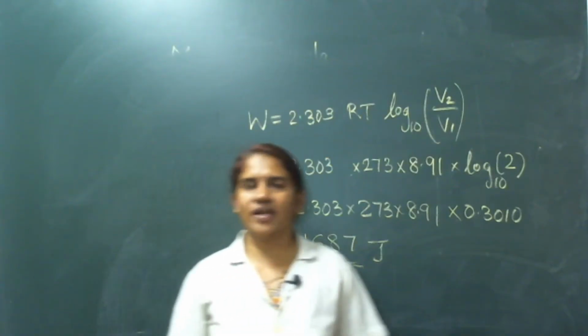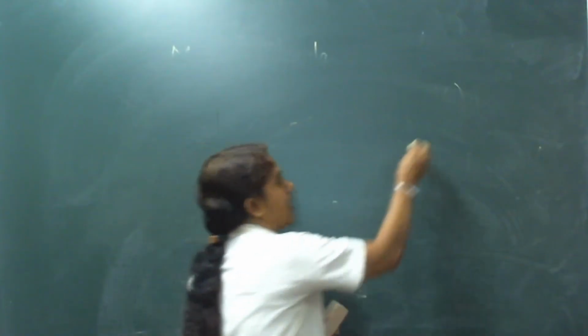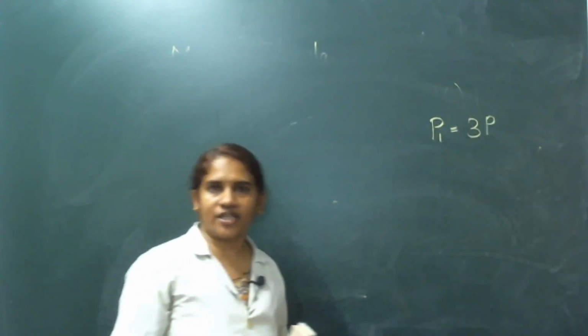See the next numerical. A tire pumped to a pressure of 3 atmosphere suddenly bursts. That means it is an adiabatic process, a sudden change. Calculate the falling temperature if the temperature of the air before expansion, the initial temperature, is 27 degrees Celsius and the gamma value is given as 1.4. The initial pressure is 3 times atmospheric pressure.